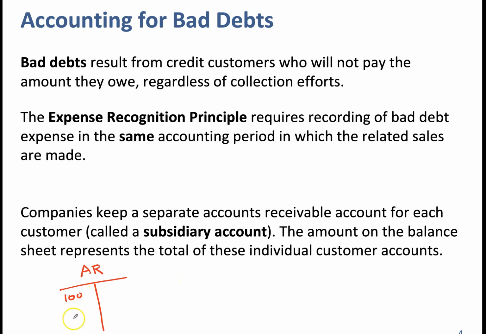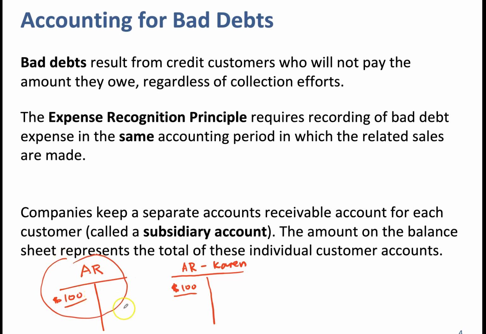Now, if I pull all the accounts receivable together, I would not know who owes me what. So we would open a subsidiary account. Let's say this subsidiary account belongs to Karen. Karen bought a book from us that costs $100. I will record a debit to Karen under the accounts receivable account for the $100.